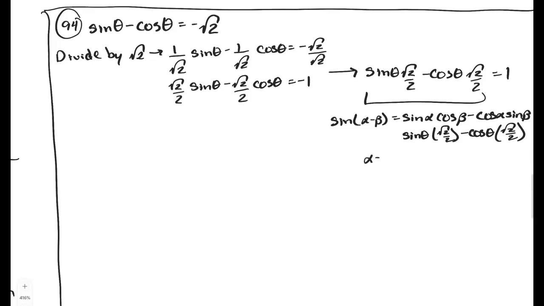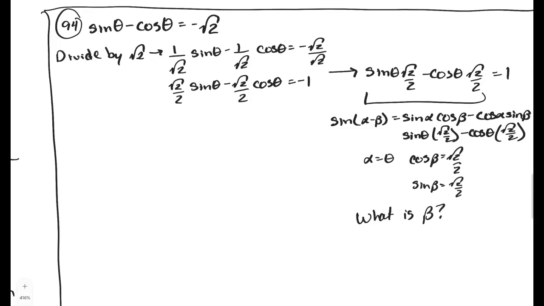So we know alpha is going to be equal to theta, right? And we also know that cosine of beta has to be equal to square root of 2 over 2. And sine of beta has to equal square root of 2 over 2. So we're asking, what is beta?